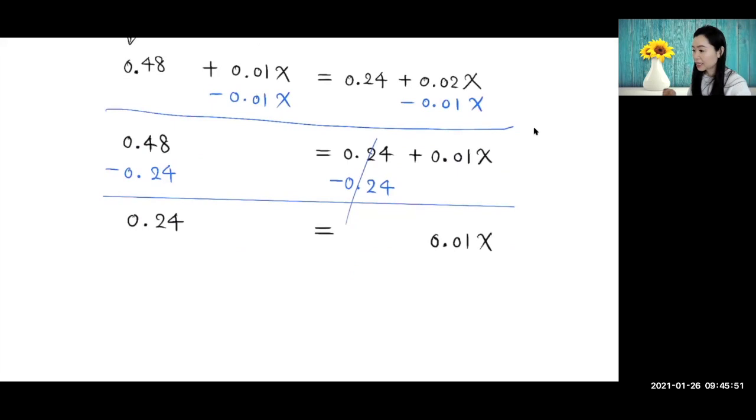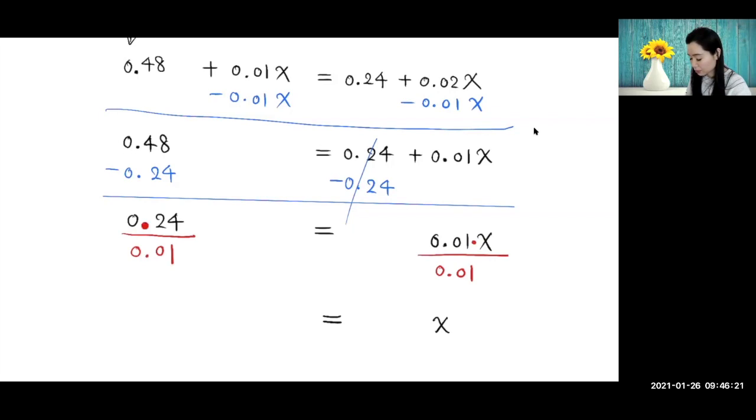Okay. Now to solve for x here, notice that this is multiplication. To undo multiplication, we divide. So we're going to divide by 0.01 on both sides. You can use your calculator, or you can just do it manually. Okay. So this is going to be x. Now 0.24 divided by 0.01 is the same as multiplying by 100.